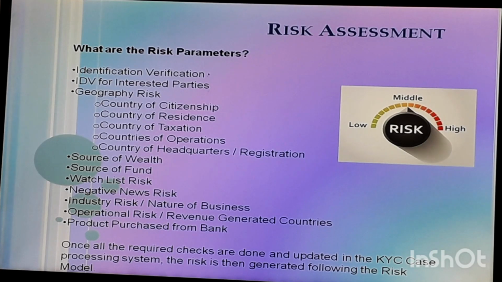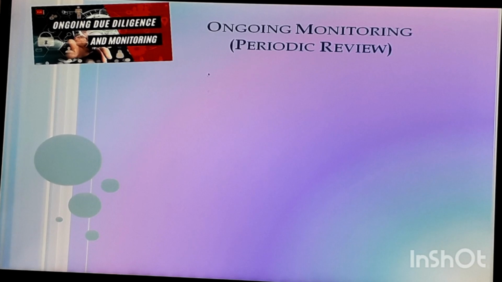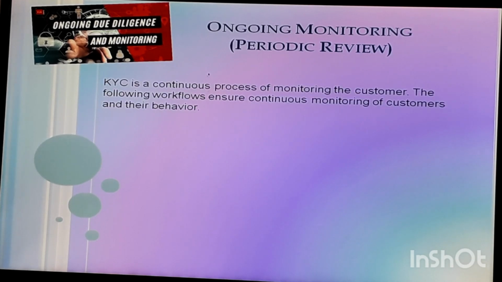If it is medium, then it is 2 years, and if it is high, then every year there will be a periodic review just to have a check if there is any new progress in the entity's risk profile or anything like that. So that is basically ongoing monitoring, which is the next topic, which is also called periodic review. So I have given you a brief about what is periodic review in the previous slide.